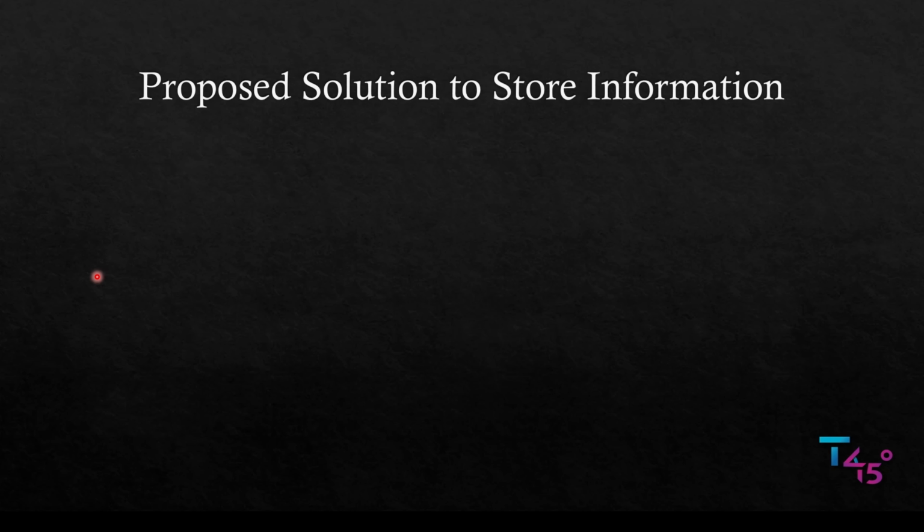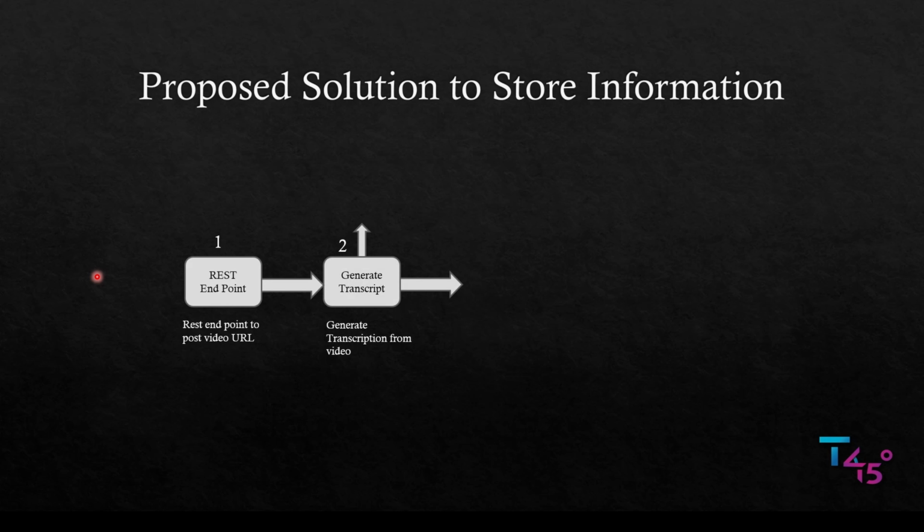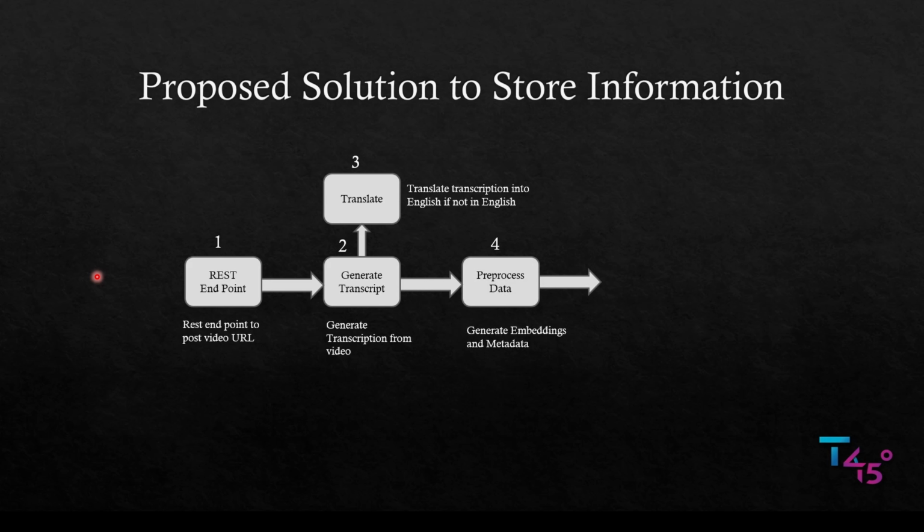So the proposed solution to store information, our source of knowledge, will be YouTube video URLs. We will create an endpoint that will post a video URL, and then we will generate a transcript from those videos. If the transcript is in a language other than English, then we will use the Google API to translate our transcription into English.